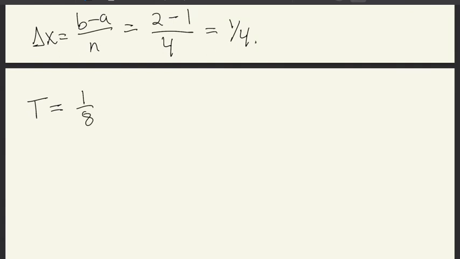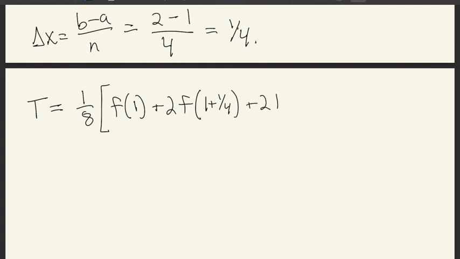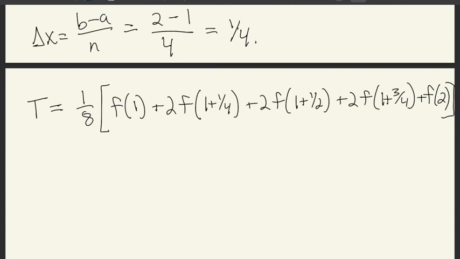So our trapezoidal approximation is delta x over 2, which is 1/8, times f of x0, which is 1, the left endpoint, then 2 times f of 1 plus 1/4, plus 2 f of 1 plus 1/2, plus 2 f of 1 plus 3/4, and then plus 1 f of 2.